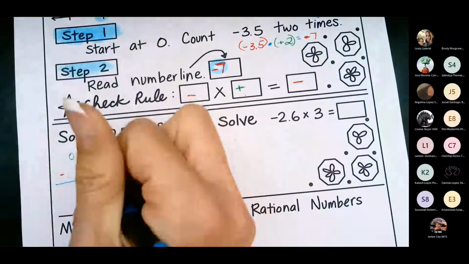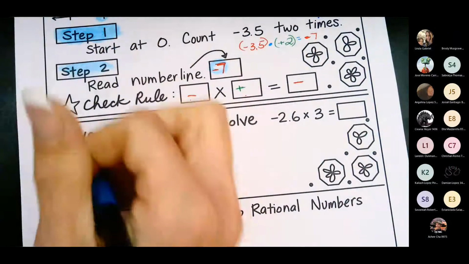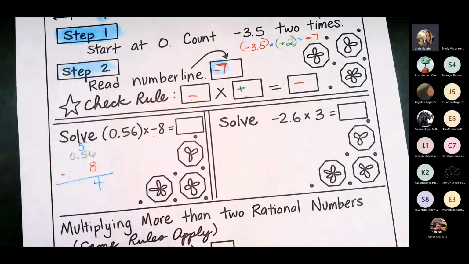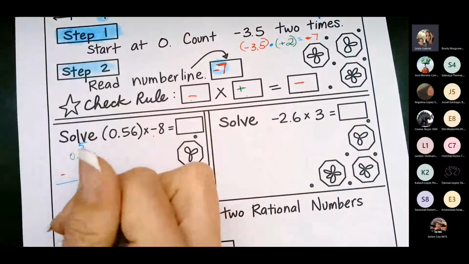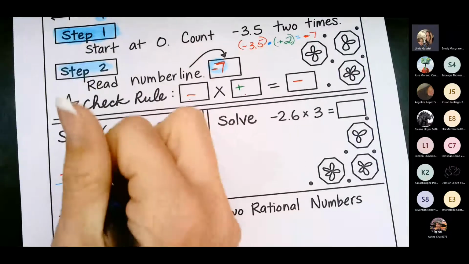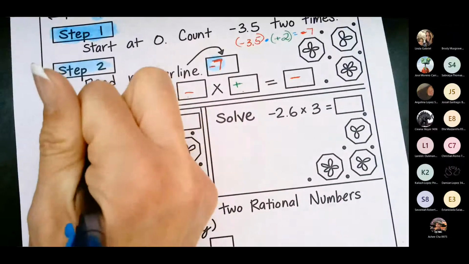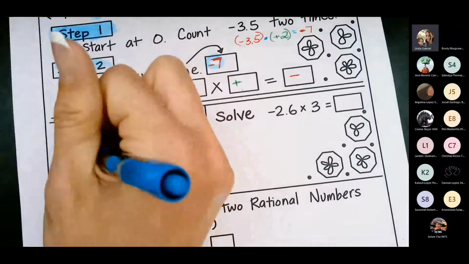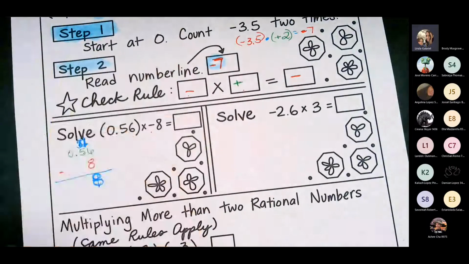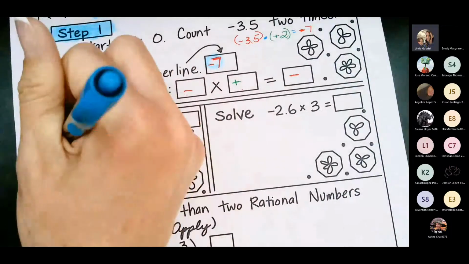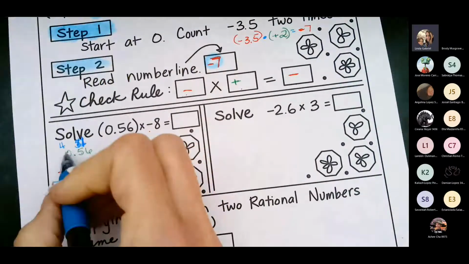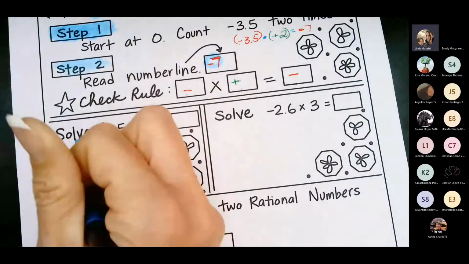Okay, the 5. 8 times 5, that's 40. No, I just lied. 8 times 6 is 48. 8 times 5, that's 40. Plus 4, that's 44. Carry the 4. 8 times 0 is 0. Then I add that 4.